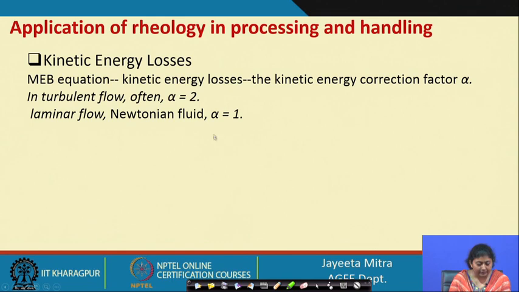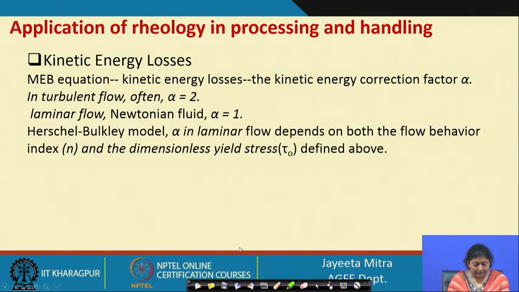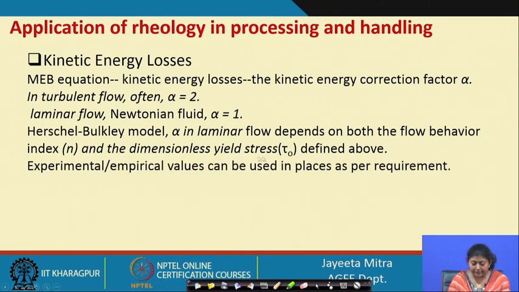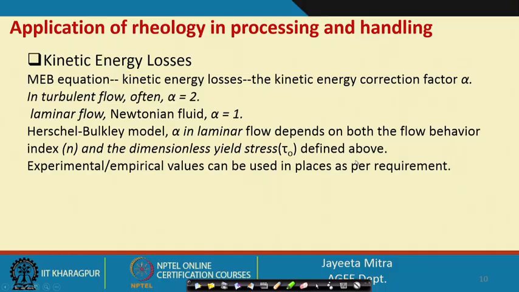We often put this, and if it is a special case for the Herschel-Bulkley model, that alpha in laminar flow depends on both the flow behavior index and also the dimensionless yield stress as defined above. Okay. So, that means if we have a Herschel-Bulkley fluid, we know that they need an initial stress, that thing we have discussed in our previous class of the Herschel-Bulkley model, which comes under the non-Bingham kind of model.